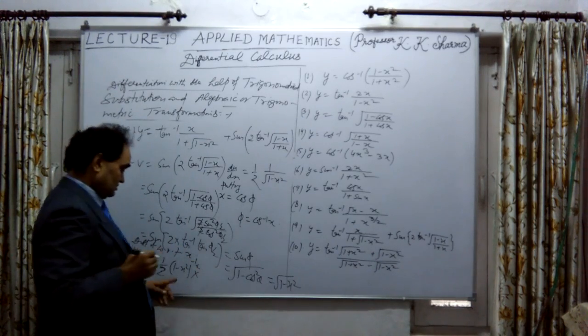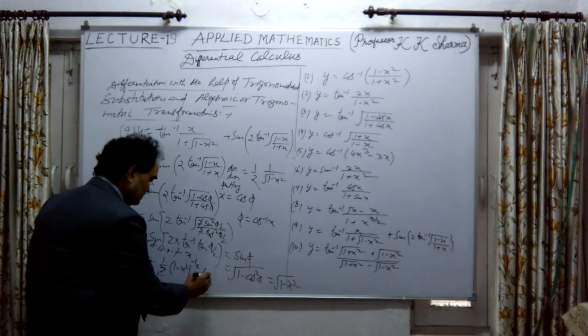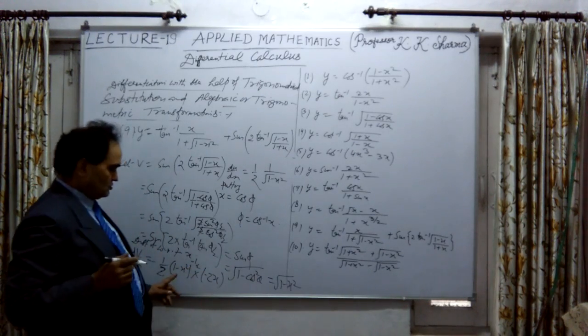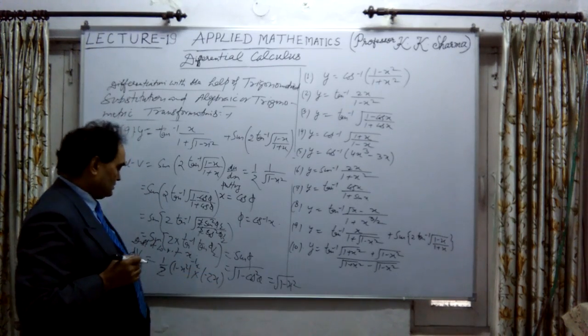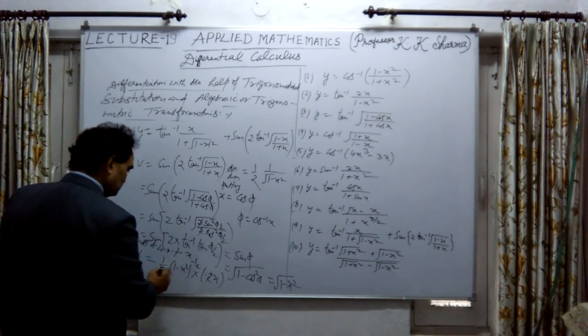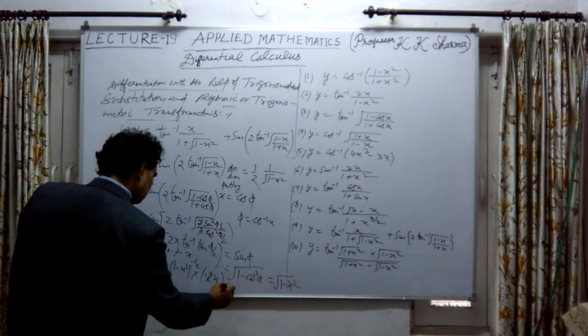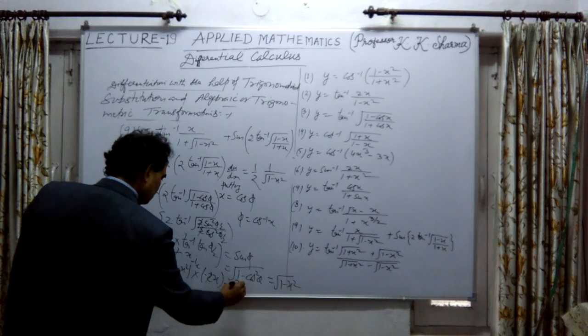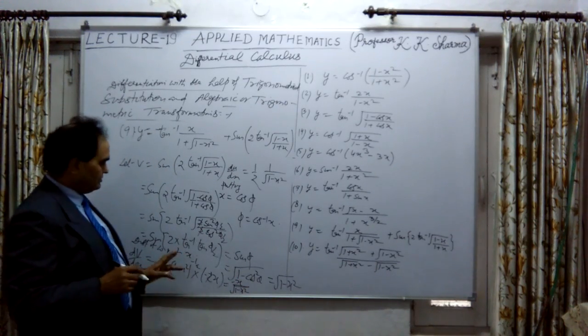Now differentiating 1 minus x square again, the derivative of 1 is 0 and of minus x square is minus 2x. So we get minus x upon under root 1 minus x square in the denominator. This is the value of dv by dx.